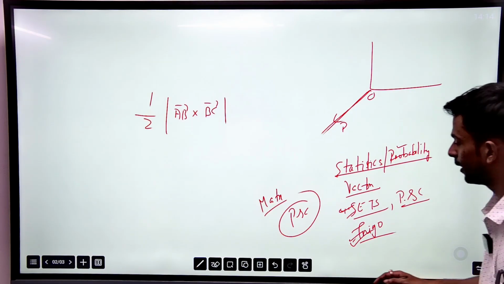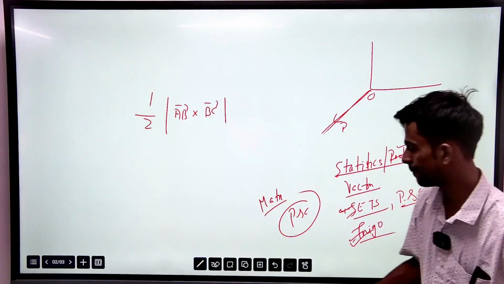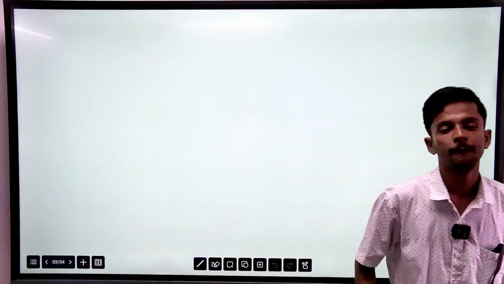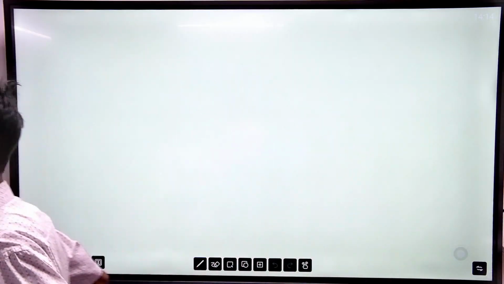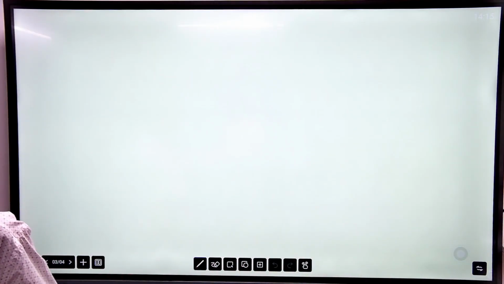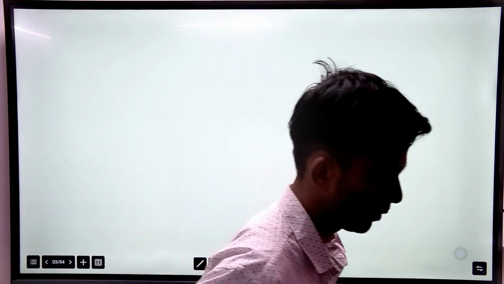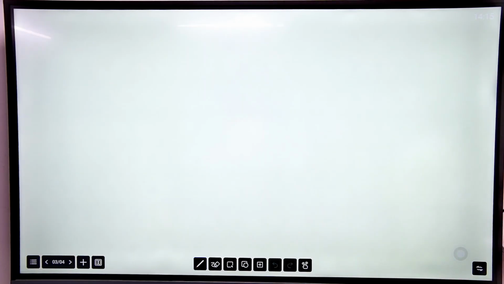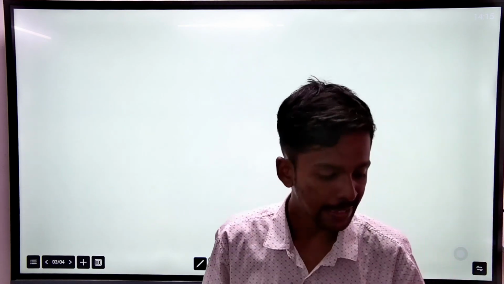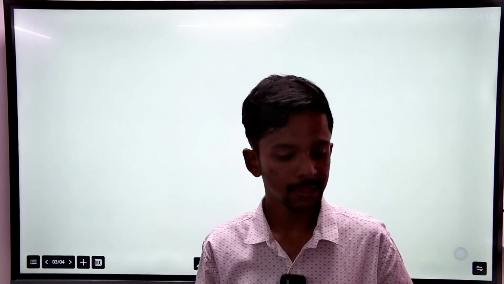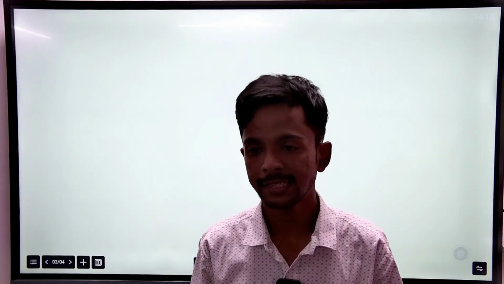Now, second thing, write some notes from here. In three-dimensional geometry, we have three axes called x-axis, y-axis and z-axis.